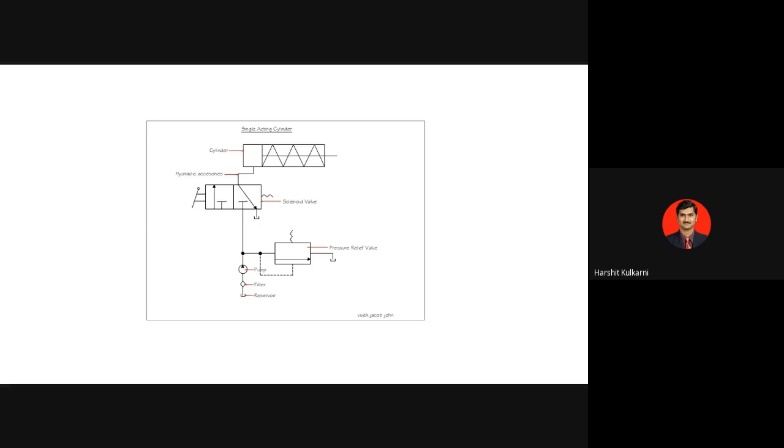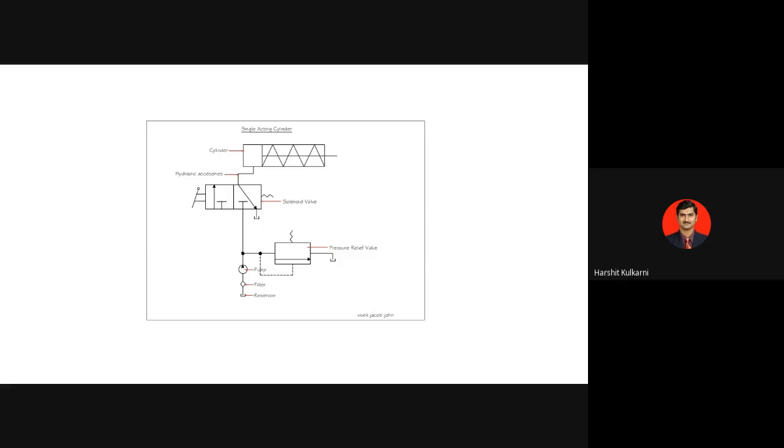Your actuation is by a manual push button, so this part you can leave. How will you name this? It is nothing but a 3 by 2 solenoid actuated spring retracted directional control valve. Please remember this: 3 by 2 solenoid actuated spring retracted directional control valve.